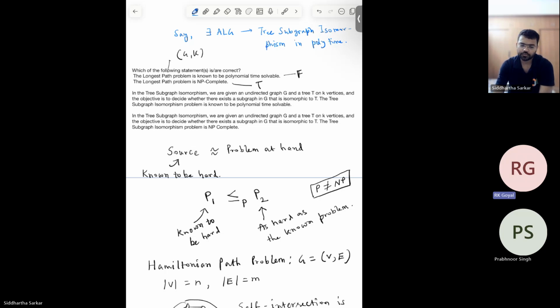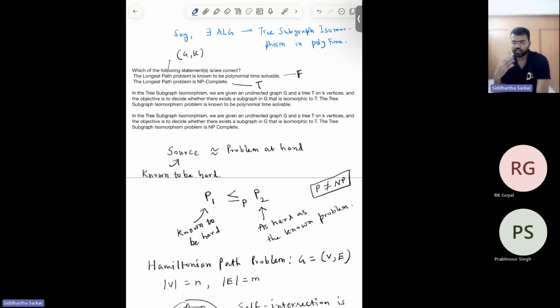And how is this related to the longest path problem then? Probably my previous argument was not that correct. Okay, so let us say that this algorithm exists and we want to use this algorithm to solve the longest path problem. So first of all, we have this graph, and what is the meaning of finding a longest path?